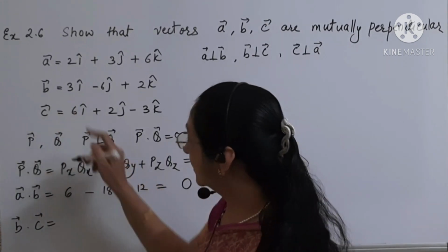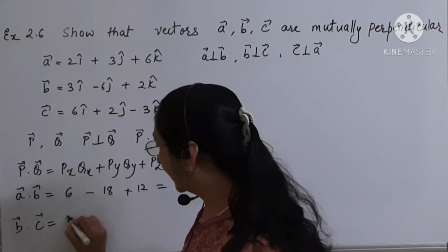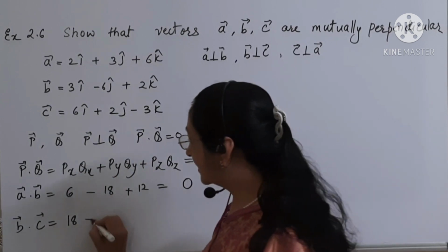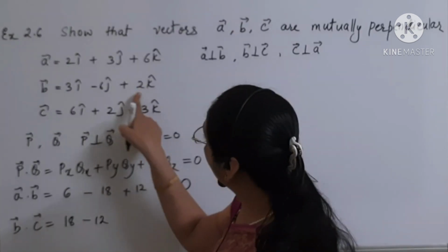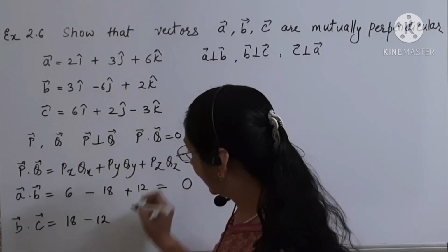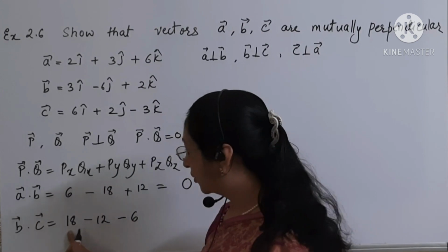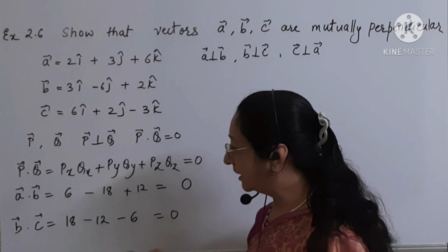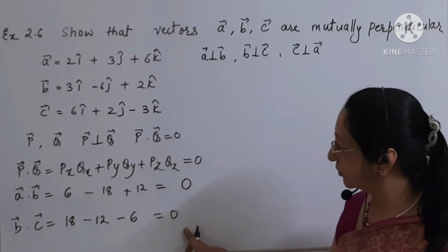So 3 into 6, that is 18. Minus 6 into 2, that is minus 12. And 2 into minus 3, that is minus 6. So 18 minus 12 minus 6, again this is equal to 0. So B dot C is also equal to 0.